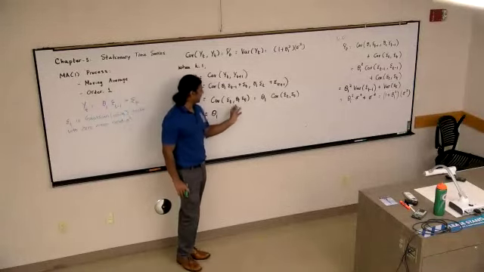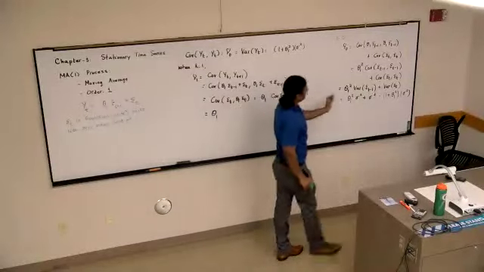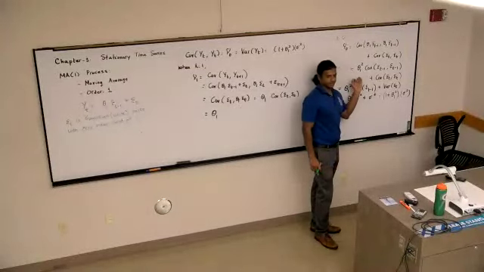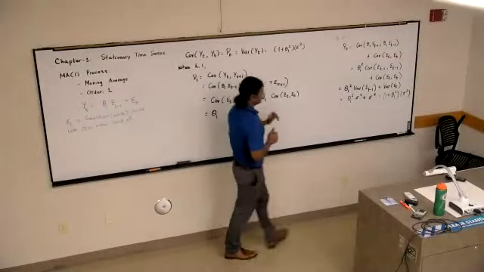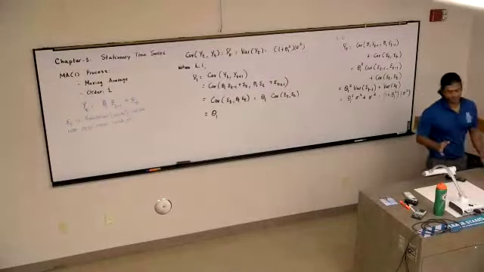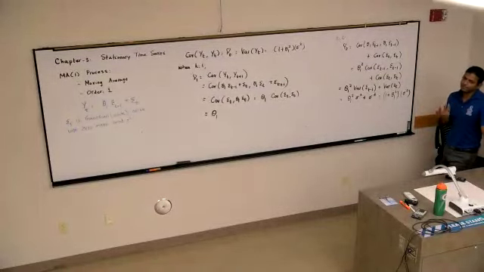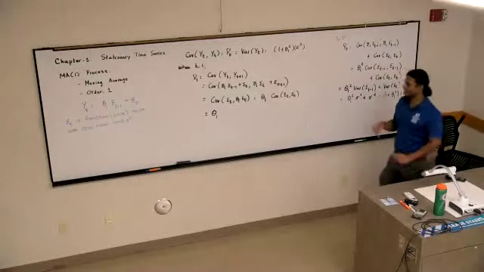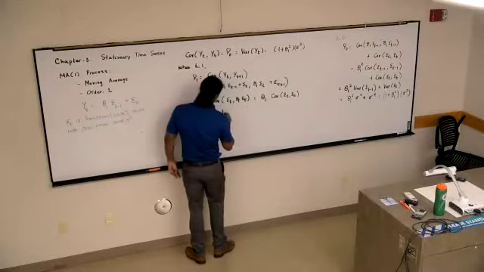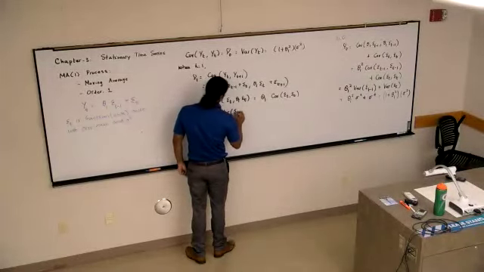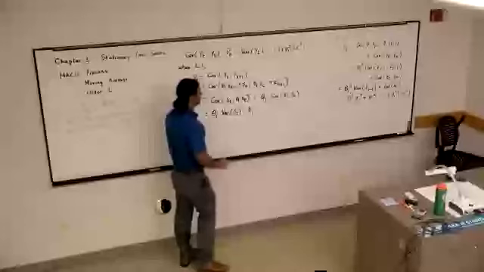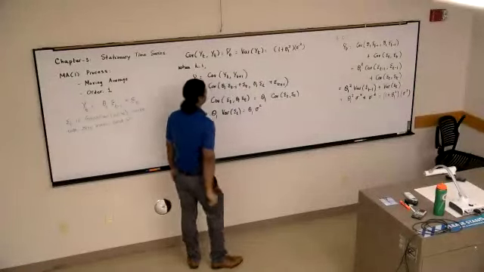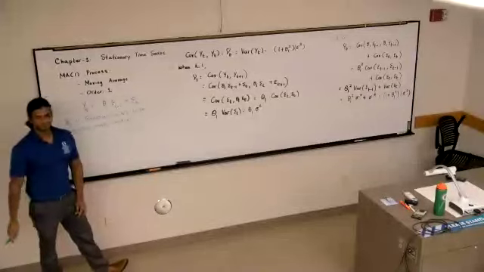If there is a theta 1 here and a theta 1 there, like the previous case, it would become theta 1 squared, right? Here it's just theta 1. So that would equal theta 1 multiplied by the covariance of epsilon t, comma epsilon t. What is the covariance of epsilon t, comma epsilon t? Variance of epsilon t. And we know the variance of epsilon t is sigma squared, right?